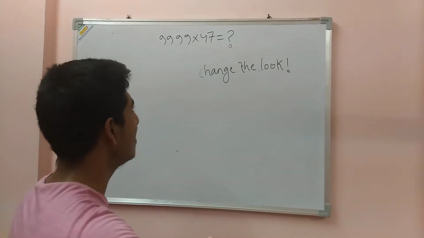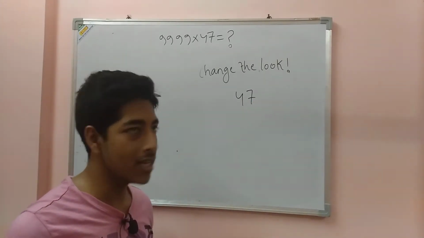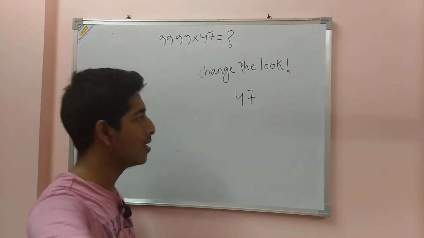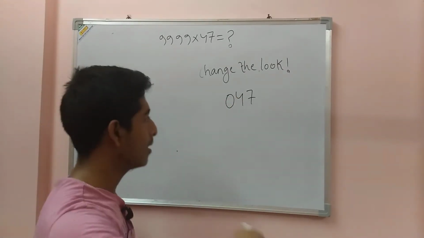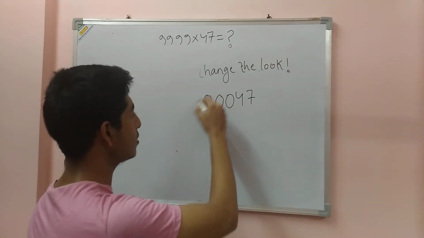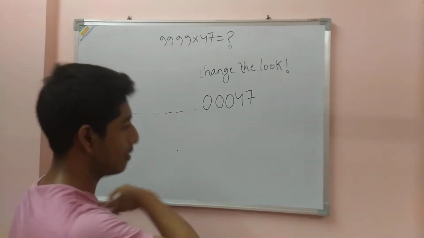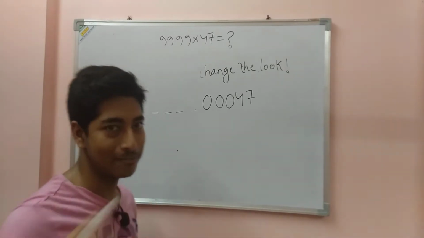What I really mean by changing the look of the number is, this is a 2-digit number we have, 47, we all know it. If we add a 0 before this, we get a 3-digit number. If we add 2 zeros before it, we get a 4-digit number. If we add 3 zeros before it, we get a 5-digit number. And if we keep on adding zeros, we get an infinite number of digits.